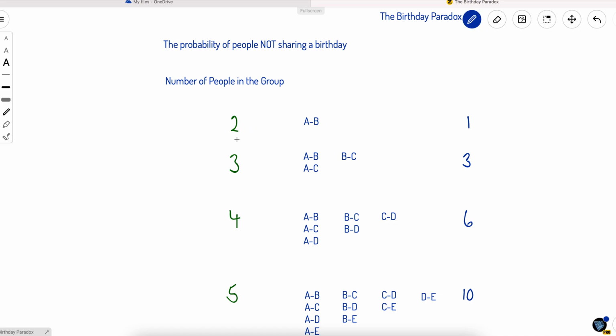we have three people in the room, so then A compares with B, A also compares with C, and person B compares with person C. So we have three comparisons.